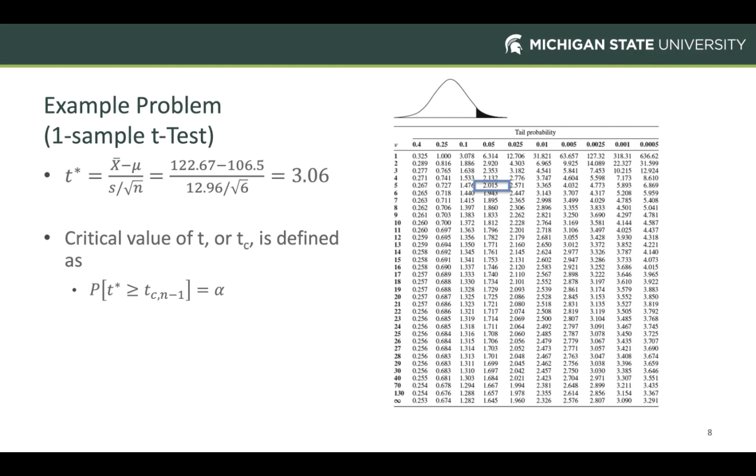And so we'd be interested in one side of that specific distribution. And so in this case, if we have a sample size of 6 and we have n minus 1 or 5 degrees of freedom associated with that test statistic, we would be comparing to the critical of 2.015. And in this case, our calculated value is significantly greater than the critical. And as a consequence of that, we're going to reject the null hypothesis.